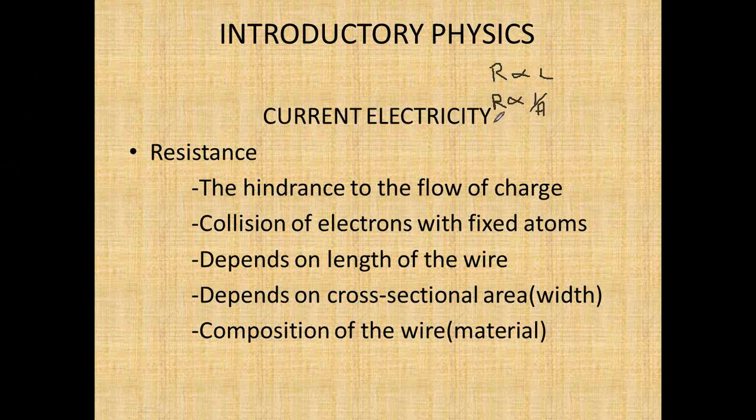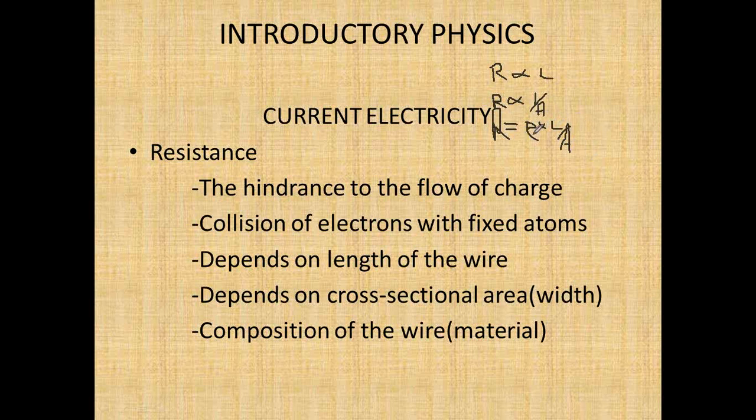So we could rewrite this equation and say the resistance is equal to some constant times the length of the wire divided by the area of the wire. Okay? So this is the equation for resistance.